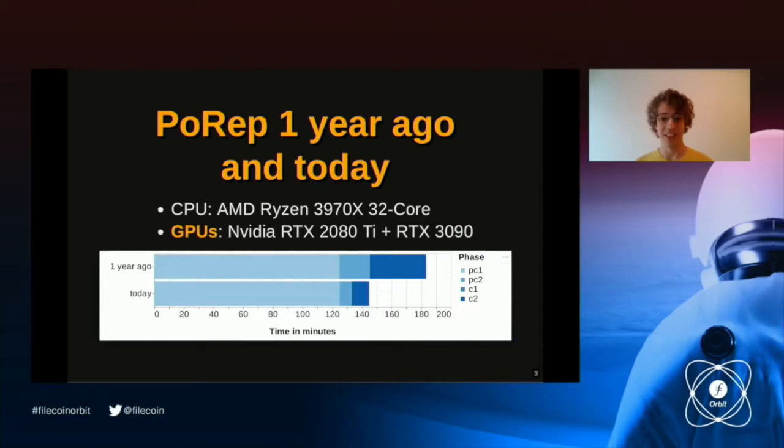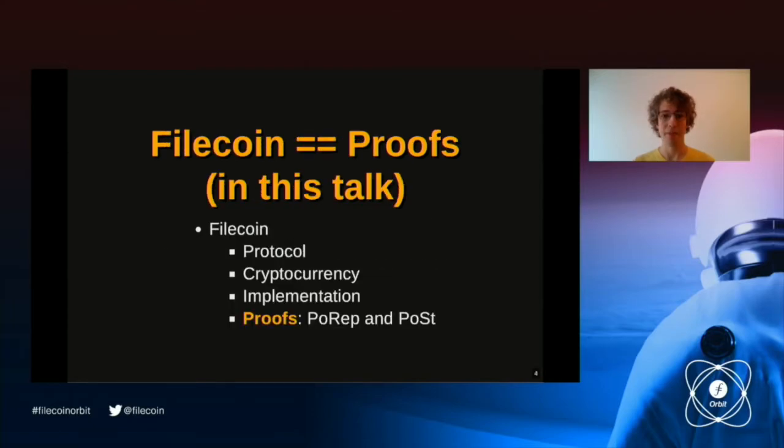And as you can see, the version a year ago for sealing a 32 gigabyte sector took about 3 hours. And now we are down to about 2.5 hours, which is a great improvement. All the details about this graph will come later again. So this is just to get you excited.